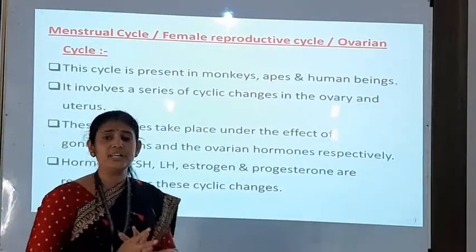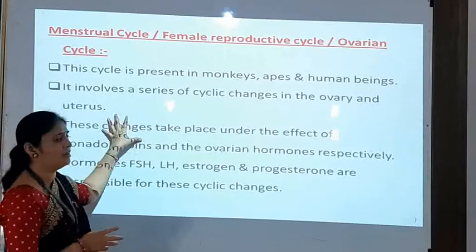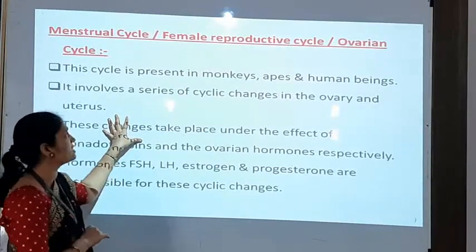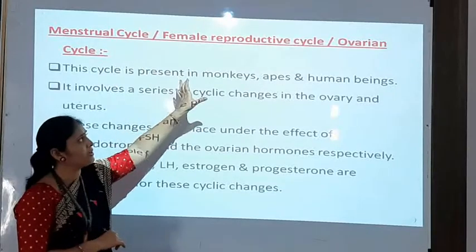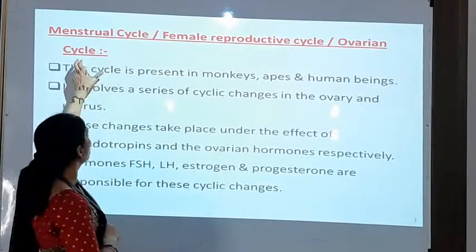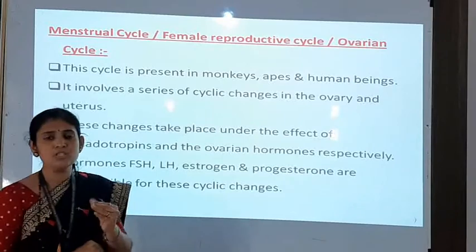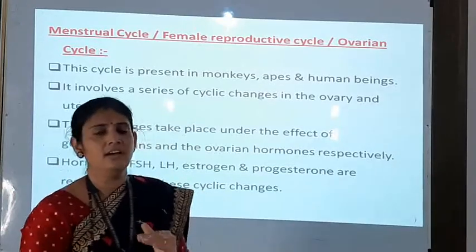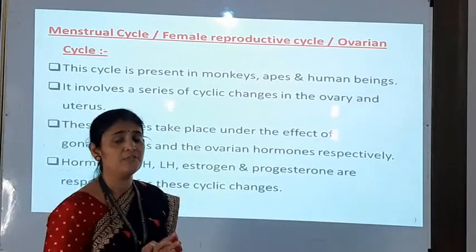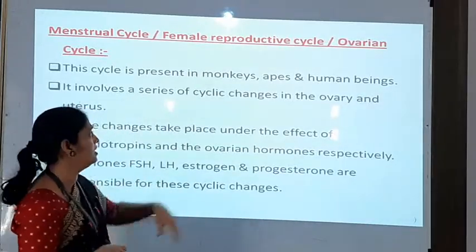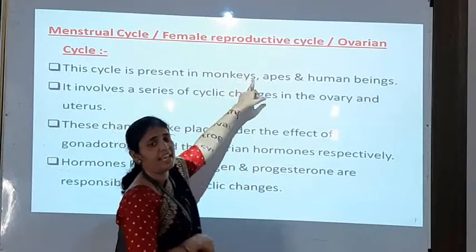Now the next point is related to the female reproductive cycle, the menstrual cycle, or it is also called the ovarian cycle. We have to see the introduction of this cycle. This menstrual cycle is observed in different animals along with humans, that is in monkeys and in apes.